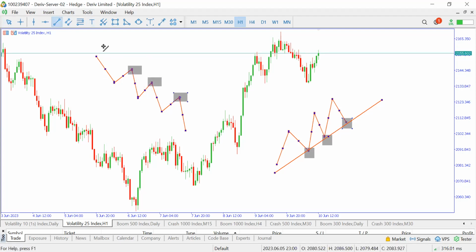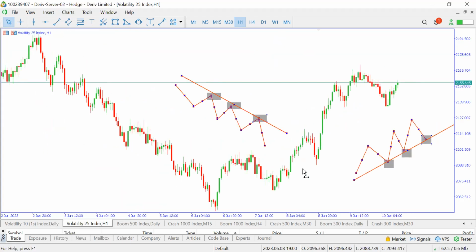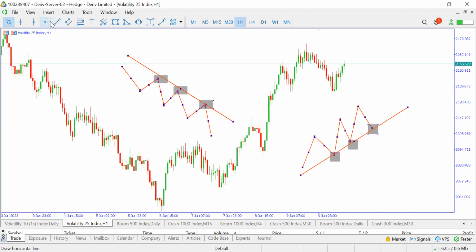And of course, this is what? A downtrending market. So we're going to look at this now on our price chart. This is Volatility 25. On this Volatility 25, luckily for us, we have an uptrend here.